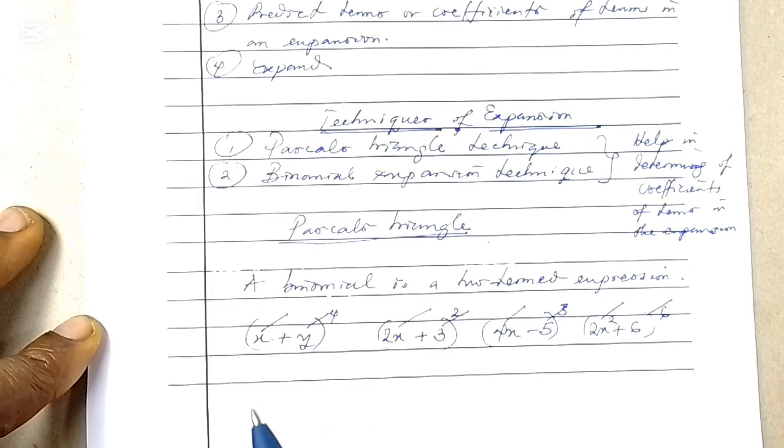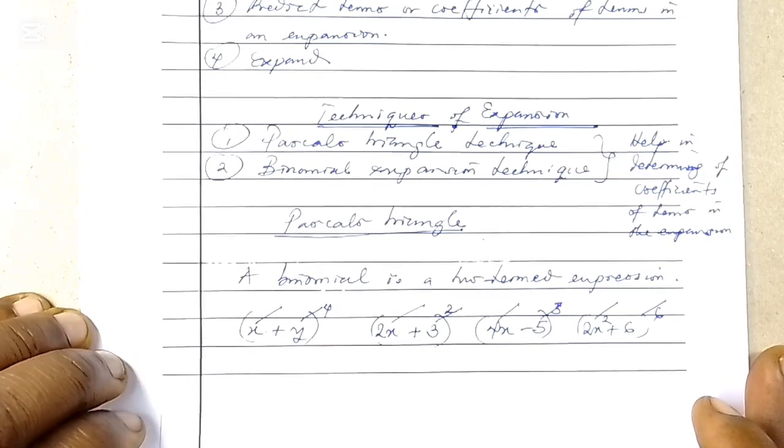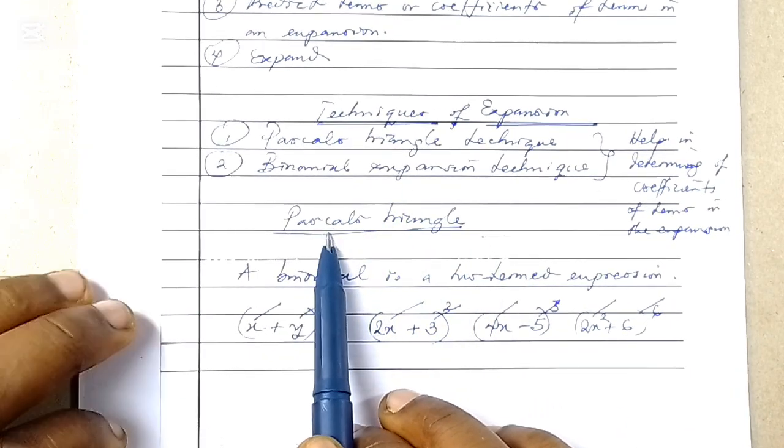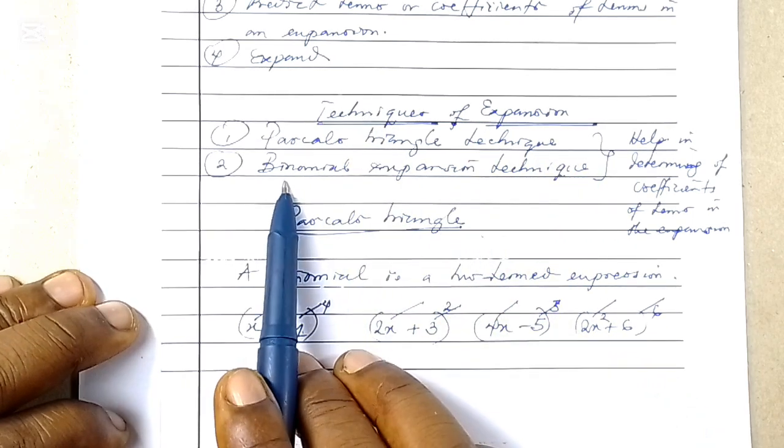So it is the expansion of a binomial expression carrying different powers that we are interested in in this discussion on binomial expansion. For you to appreciate binomial expansion, it is best we start with going through Pascal's triangle as a technique of expansion, which will ultimately lead us to the binomial expansion technique. So let's go quickly to Pascal's triangle.